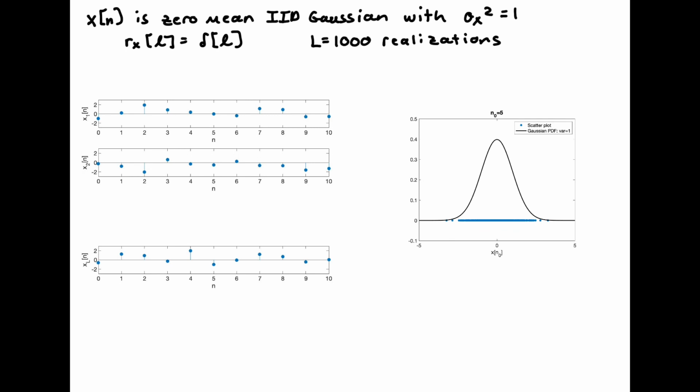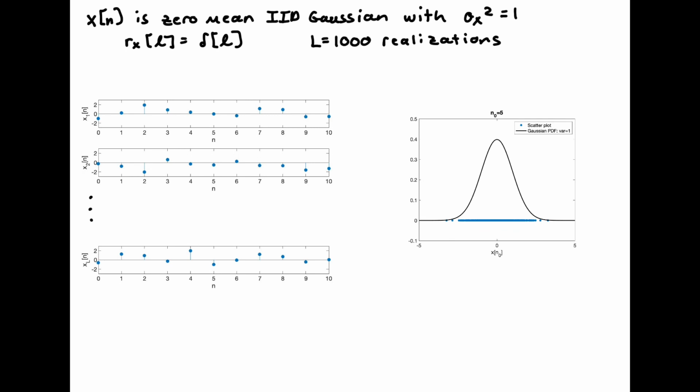What you see here is, really, dot, dot, dot. This is the first realization. This is the 1,000th realization. I'm only showing you the first, the second, and the 1,000th. There are 997 more of them that I could have plotted, but didn't plot in this space in between.